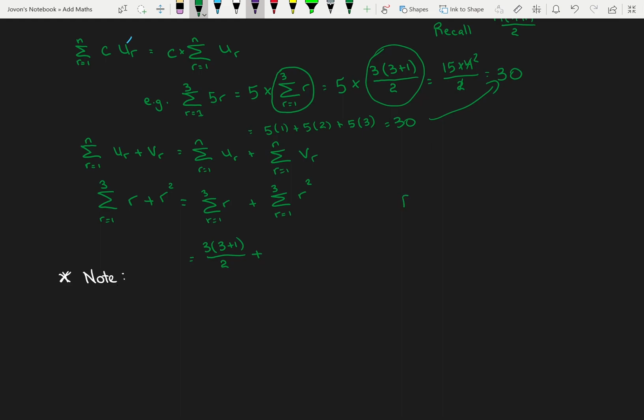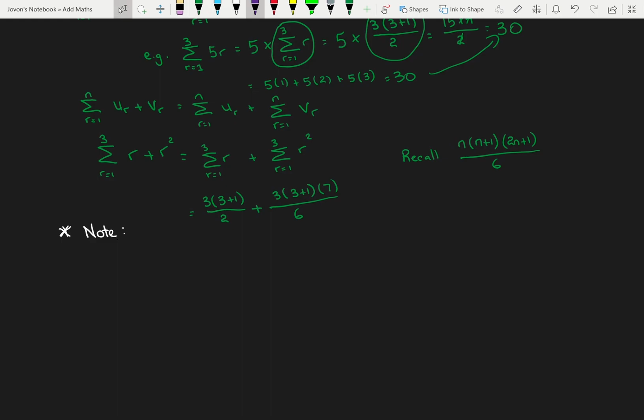And recall that r squared is equal to n into n plus 1 into 2n plus 1 all over 6, okay? So this would be equal to 3 into 3 plus 1 into 2 times 3 plus 1, which is 7, over 6.